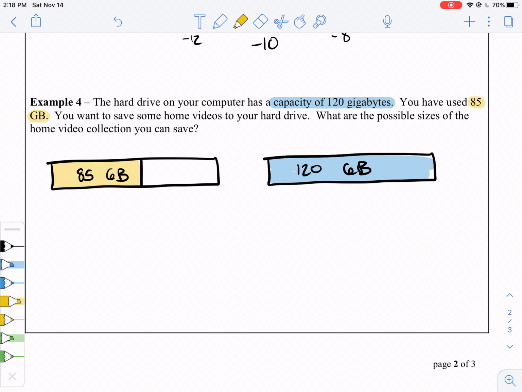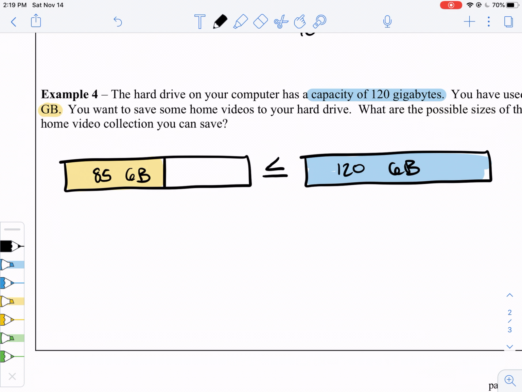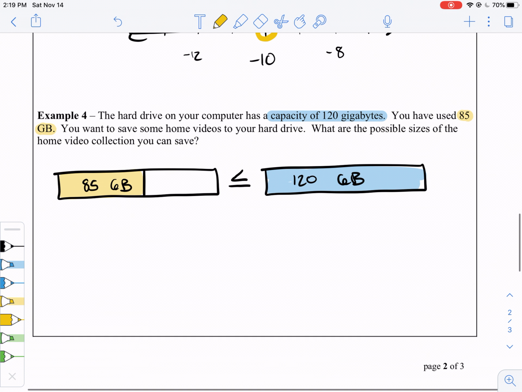By the way, if you want to check out what this really represents right now, you can go into your iPad storage, go to your settings and find storage or memory storage. They do this all the time. And however much we have needs to be up to 120 gigabytes. So this needs to be less than or equal to 120 gigs. So we've got 85 already used.